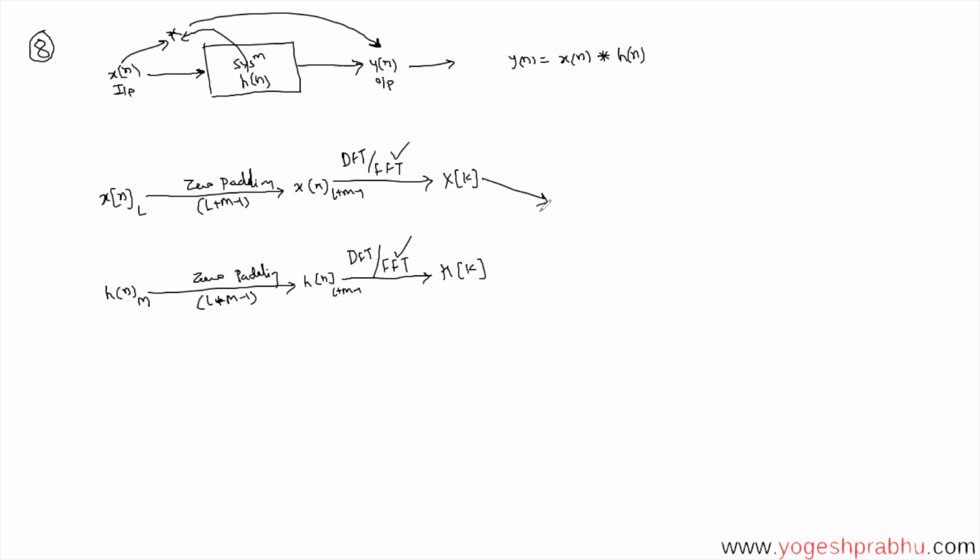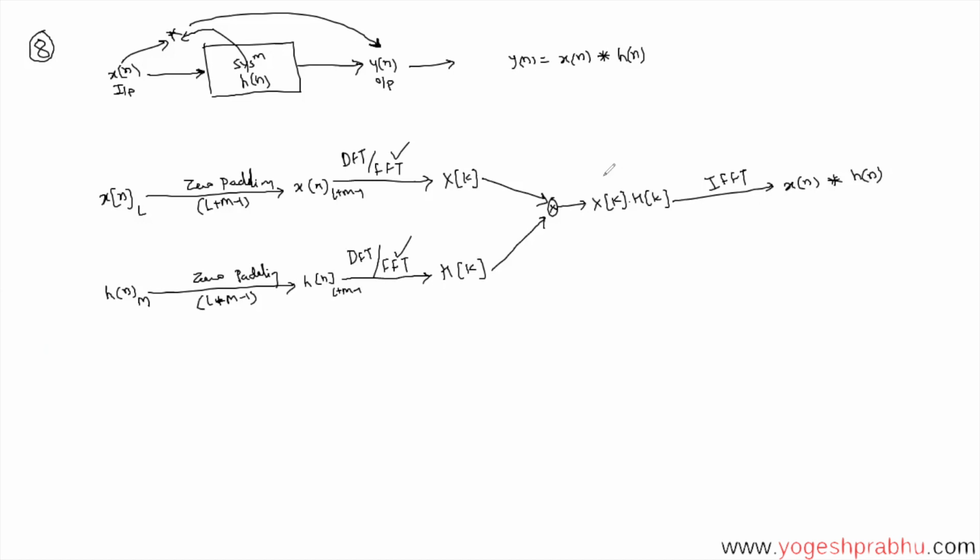Then you just multiply these two to get x of k times h of k. Then you do the inverse fast Fourier transform and you get x of n convolution h of n.